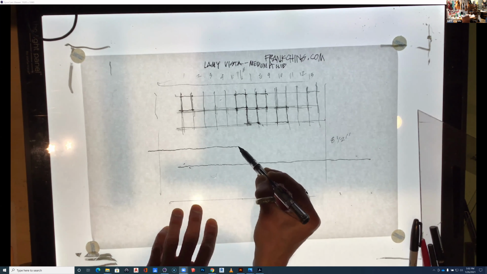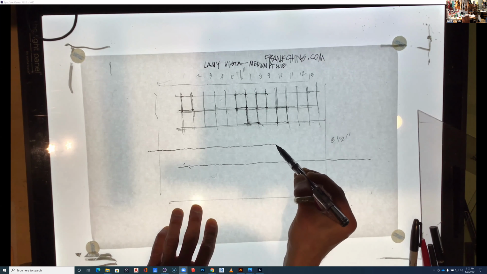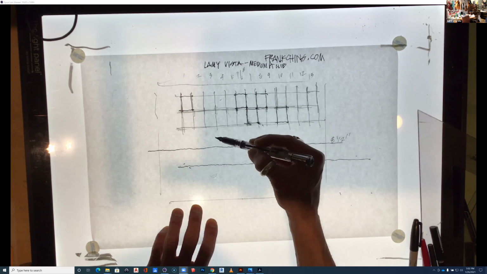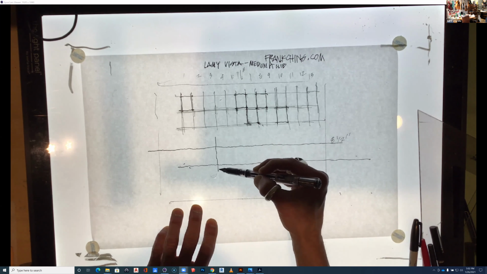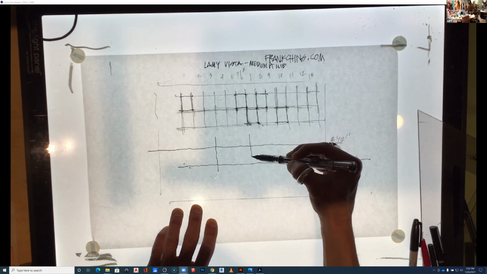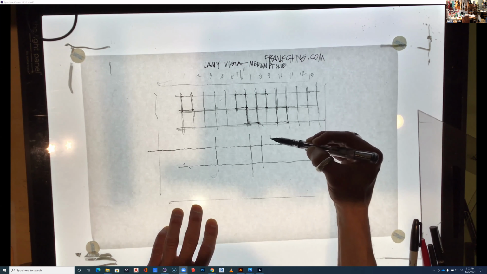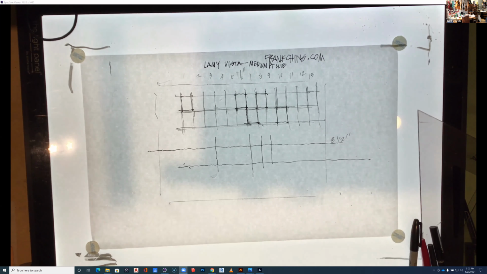So try to really control that initial line. You don't have to do it over, but you may want to practice that. Does anybody else want to show me what they're up to?